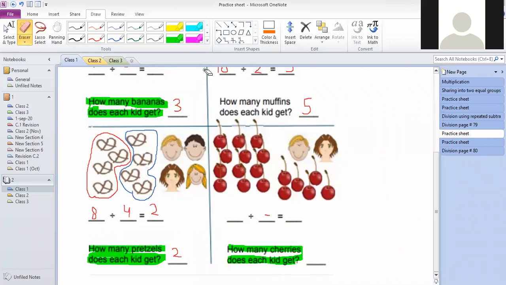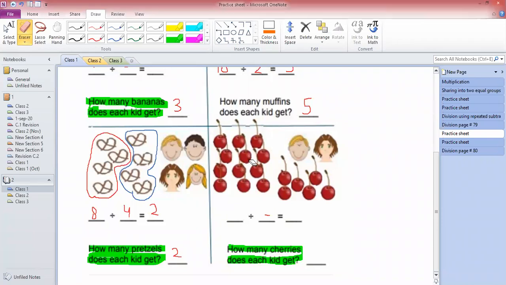Rakan, can you hear me? Rakan? Okay. Yes, Rakan. We had to distribute these cherries among two kids. Can you tell me how many total cherries are there? Count it first and tell me how many total cherries are there.